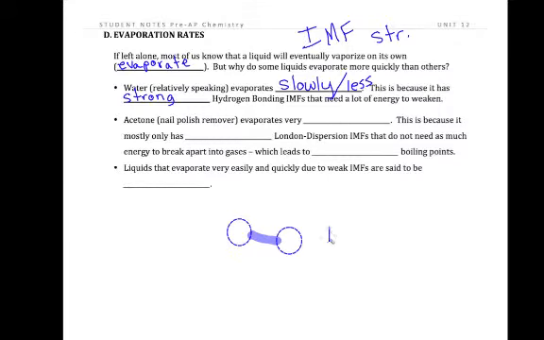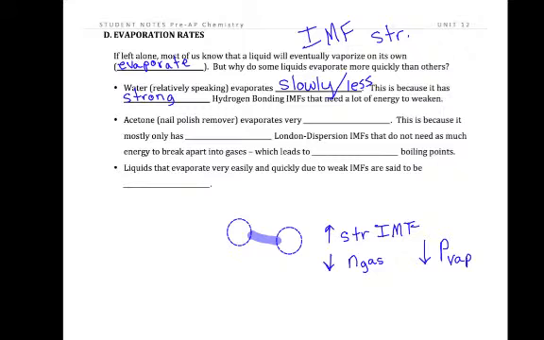So as you increase the strength of your intermolecular force, you're going to decrease the moles of gas, because fewer molecules can go from liquid to gas because the force of attraction is too strong. And so you'll actually decrease the vapor pressure.